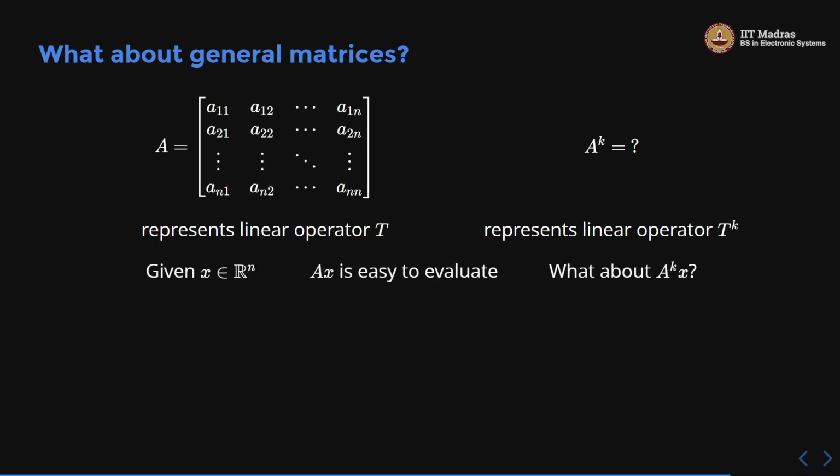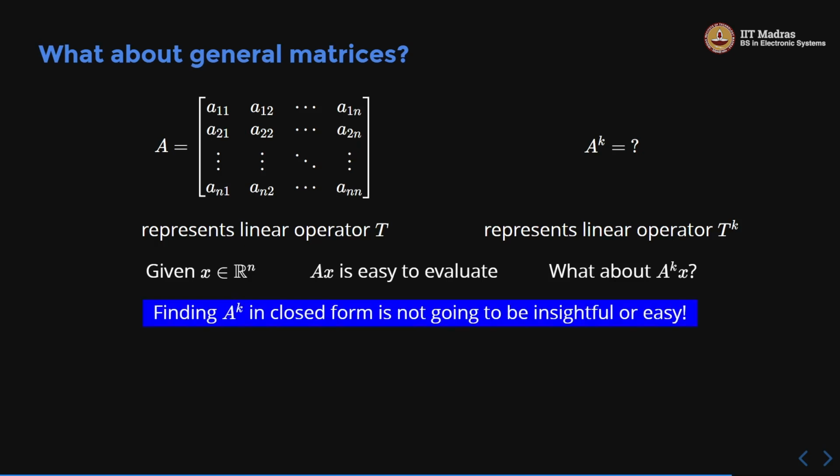Another thing to keep in mind is that given x, Ax is very easy to evaluate. You just have to do the multiplication. I'm more interested in A power k x. What happens when A applies over and over again on x? Does anything interesting happen? That's very important for us to understand. Finding this A power k in closed form is not insightful and not easy.